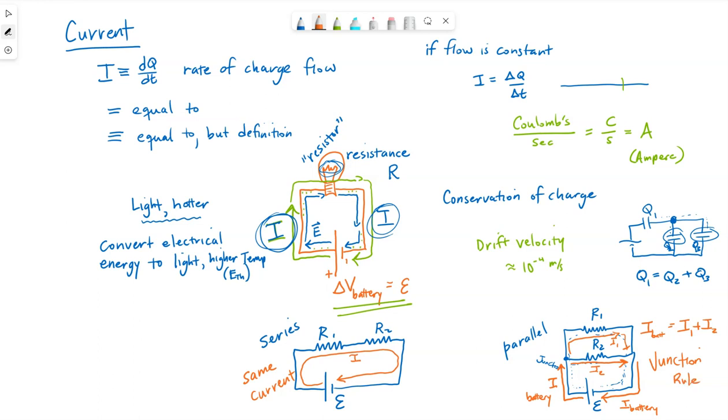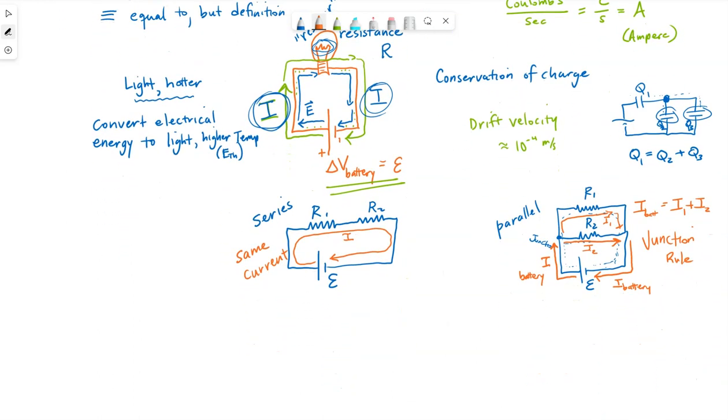We're going to be talking more about the junction rule, as well as loops and looking at voltages as we go around a loop, as we talked about with capacitors. We'll be talking about these rules as we talk about resistors. But first, let's talk about what we mean by resistance.